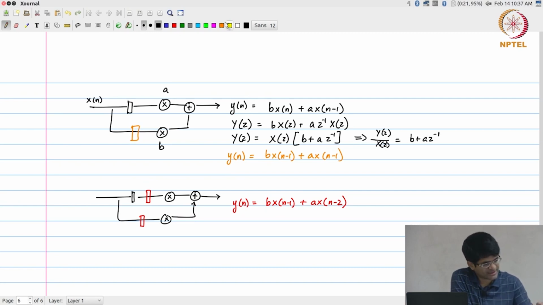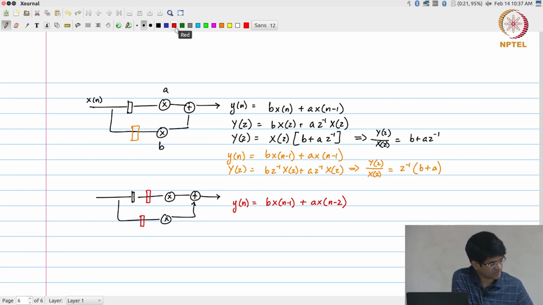In the second case, y of z equals b z inverse x of z plus a z inverse x of z, which gives y of z by x of z equals z inverse into b plus a.